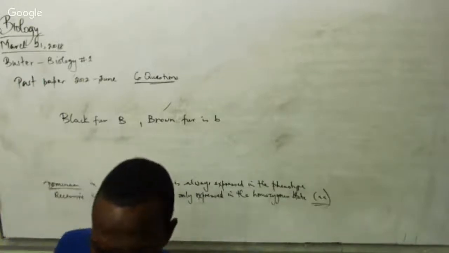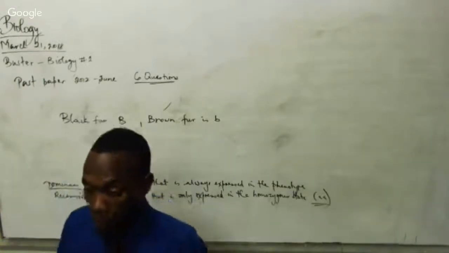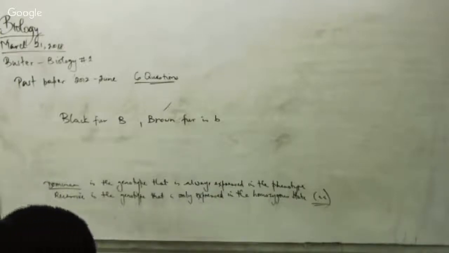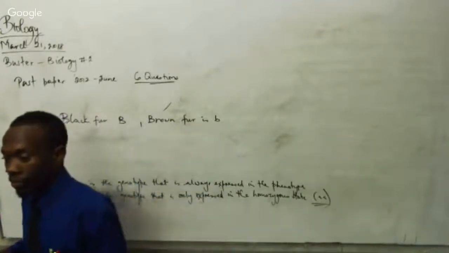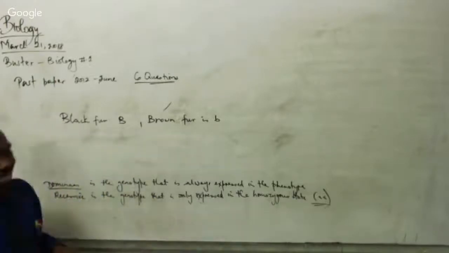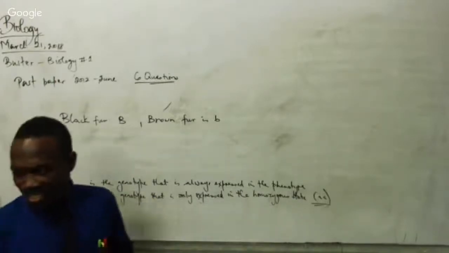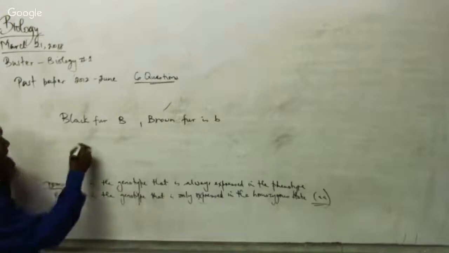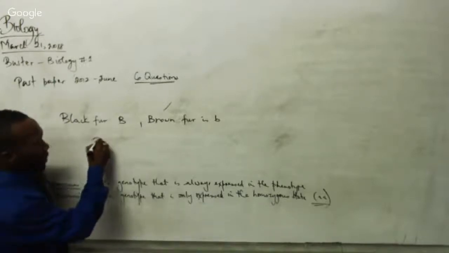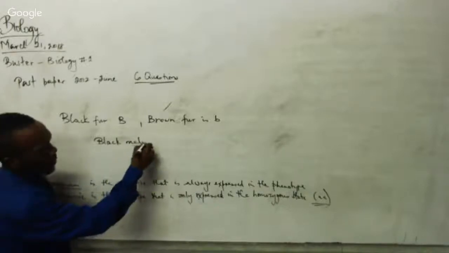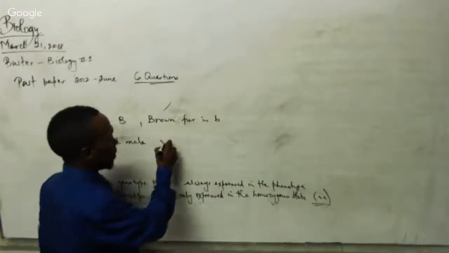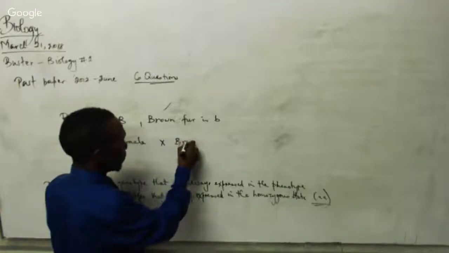How is that possible? One dominant. I don't know if you figured that out, but it's correct. So there's a black male, and a brown female.